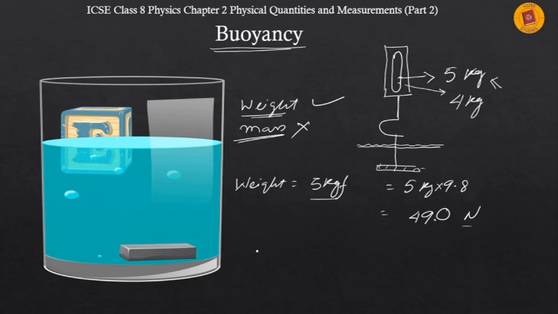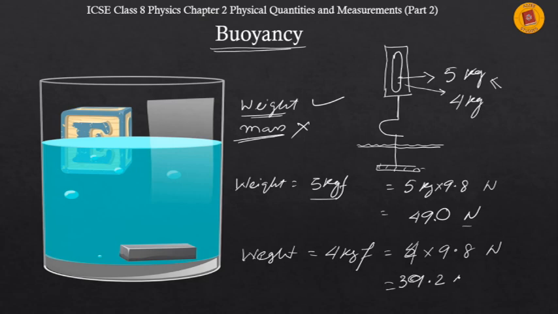Now if I again convert it to weight, 4 kg force is equal to 4 into 9.8 Newton, which is 39.2 Newton. You can keep it in kgf or in Newton.